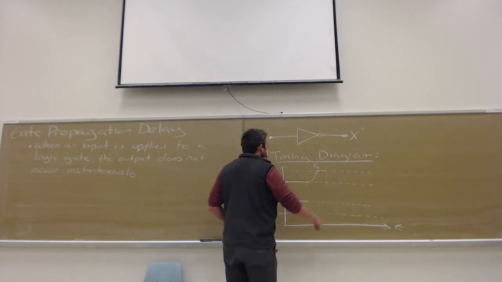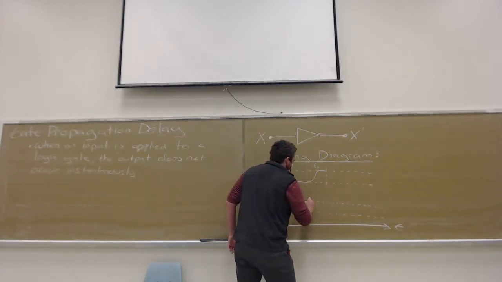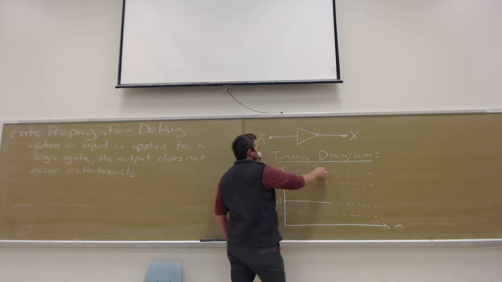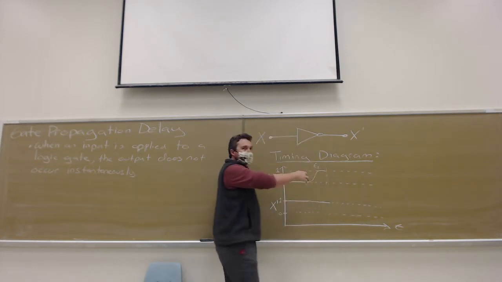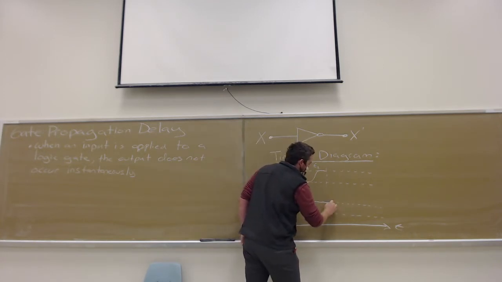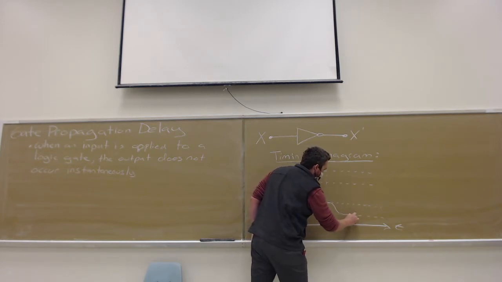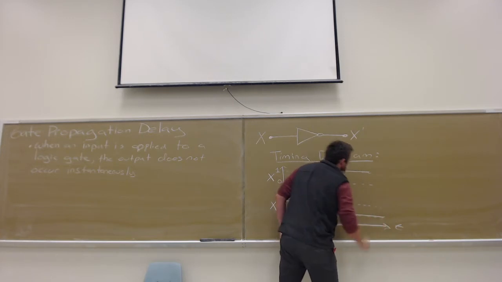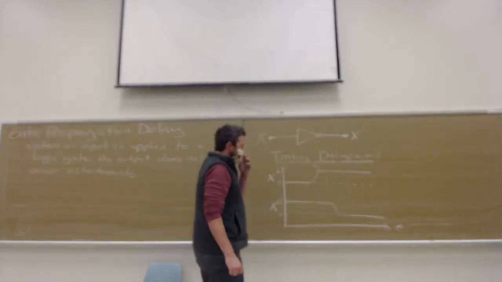So what happens here is the output, first off, doesn't even begin to respond until we've sort of capped off here, right? And then once it does that, it's going to do the opposite thing. It's going to slowly ramp down to 0, and then if it stays that way, it'll stay that way forever.